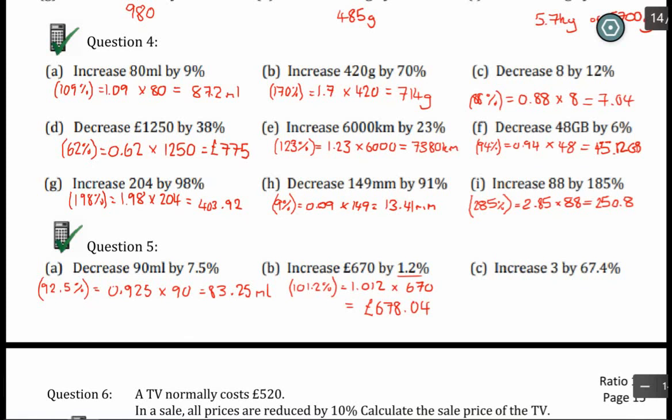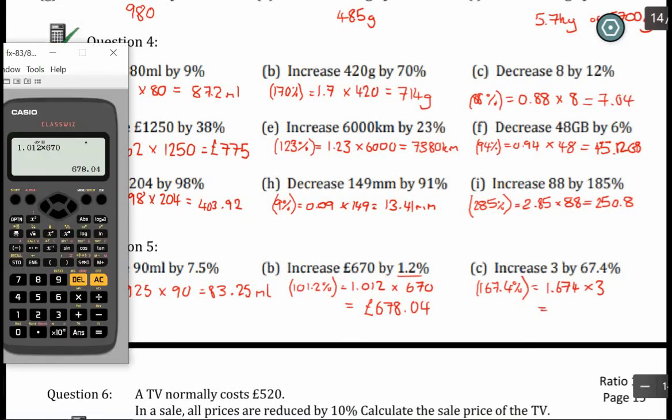And the last one, increased by 67.4, so that gives me 167.4%, or a multiplier of 1.674, and then times that by 3. So 5.022.